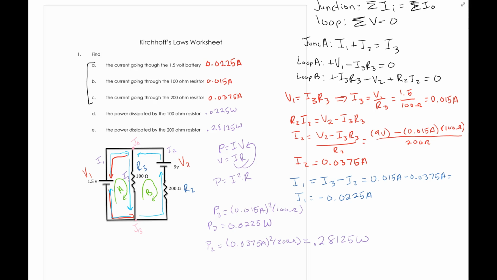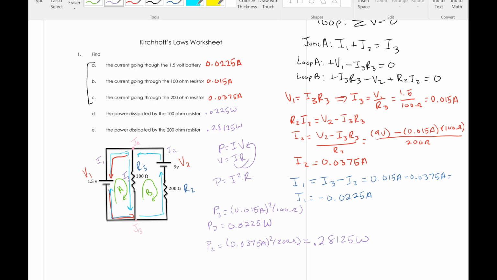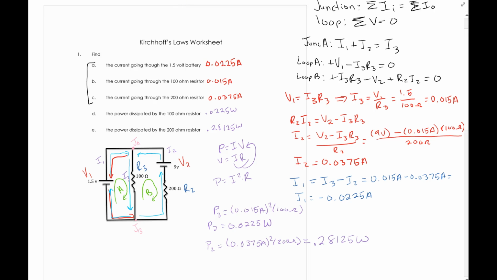Now, you may notice that none of these are actually to correct sig figs. So if I were to go ahead and correct those for sig figs, those numbers do need to be pretty different than they currently are. We have 2 sig figs in this answer. Sorry, we actually only have a maximum number of 1 sig fig in any of these particular answers.